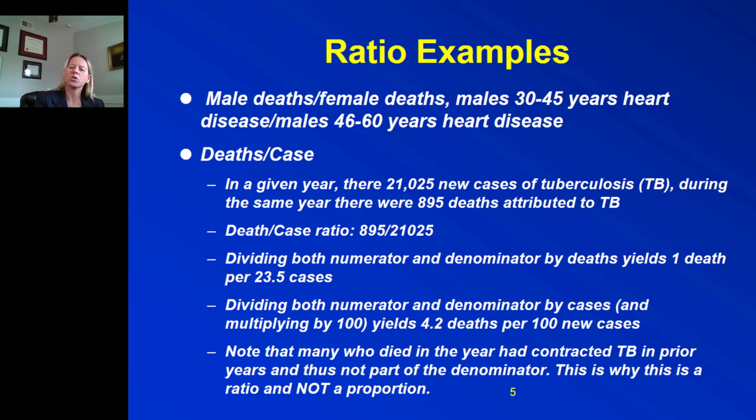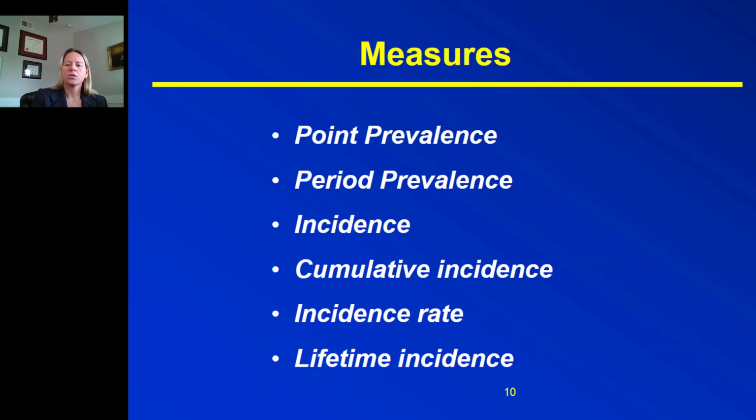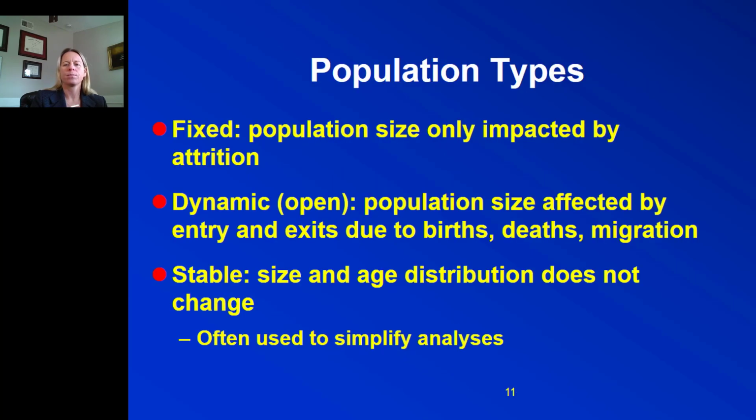Now, why this measure is not a proportion is because those who died in the year that the data are being calculated may have, or most likely, contracted the TB in a prior year and thus are not all part of the denominator. So these are the common measures in epidemiology that we're going to discuss now.